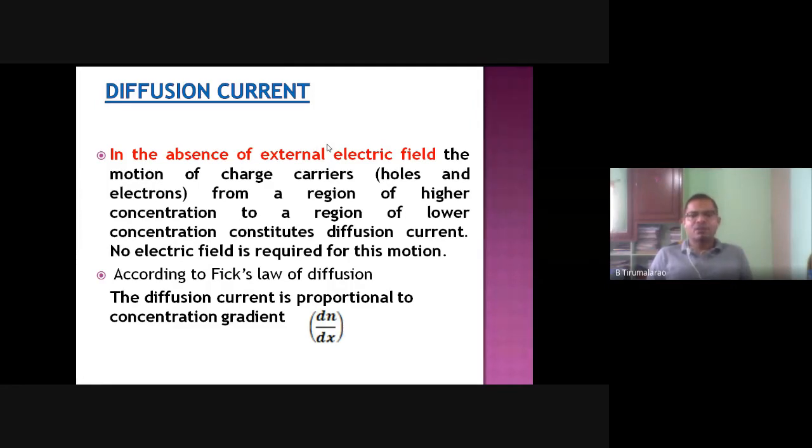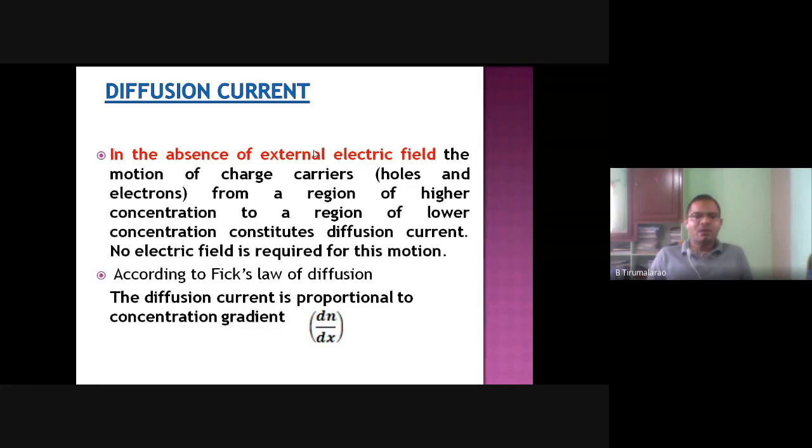We know that water always flows from high altitude to low altitude, from high places to low places, and the current flows from high voltage to low voltage. Due to the difference in heights, that flow of water is known as gravitational flow, flow due to gravity.